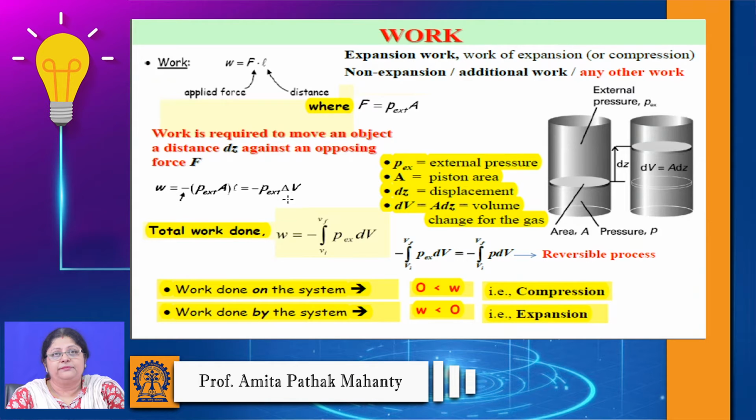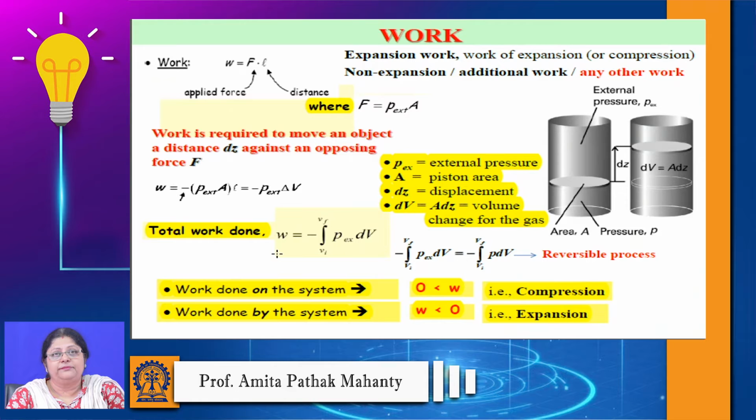Now, if the changes are carried out very, very small, the infinitesimally small changes are being carried out when you are gradually expanding, then instead of writing a discrete volume change, we have a change in, because each condition the pressure and volume is going to change. So we integrate from the initial volume to the final volume into P external dV.